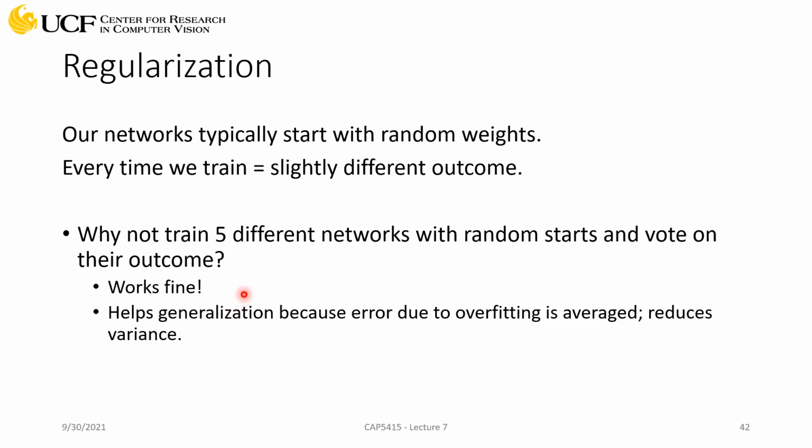Now, since we are initializing the network randomly, you have a loss curve, and when you initialize your network, you are picking one point on that loss curve randomly. Depending on what that initial point is, that will control the output, because you may have multiple minima in your loss curve.